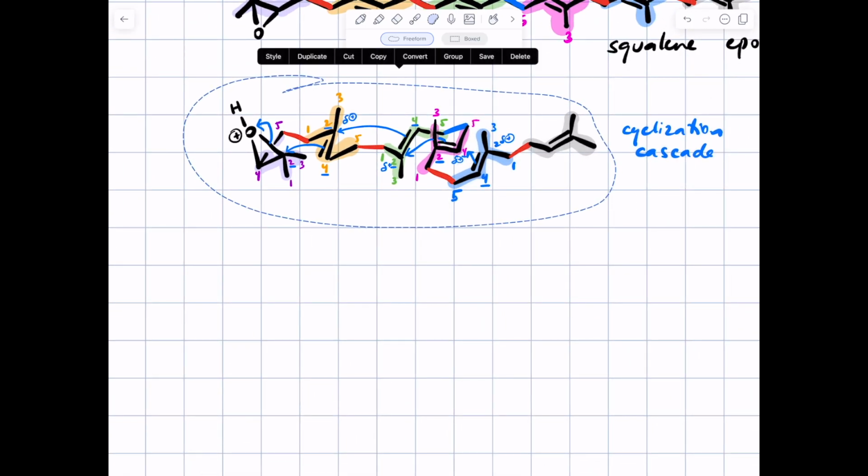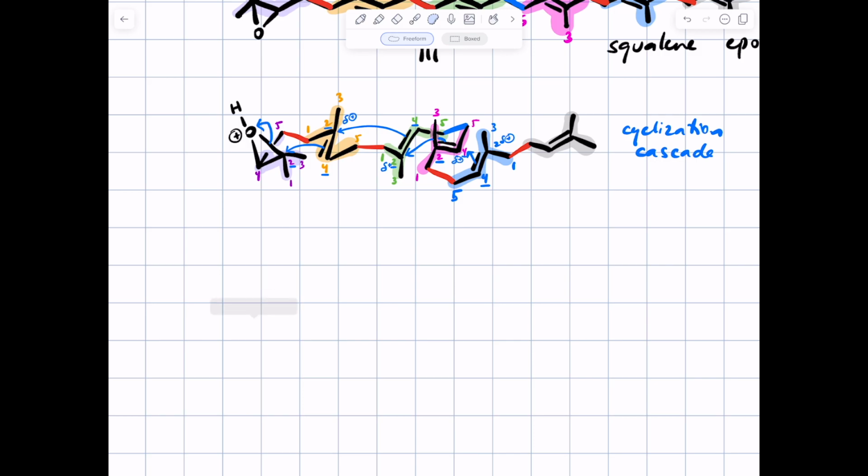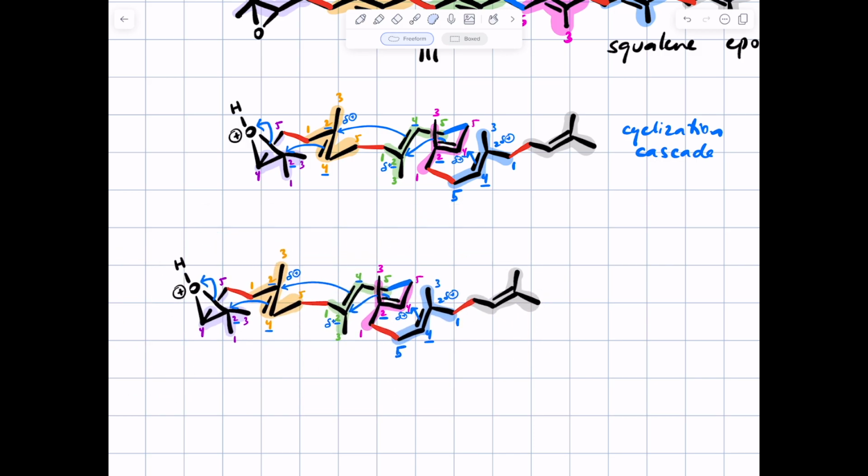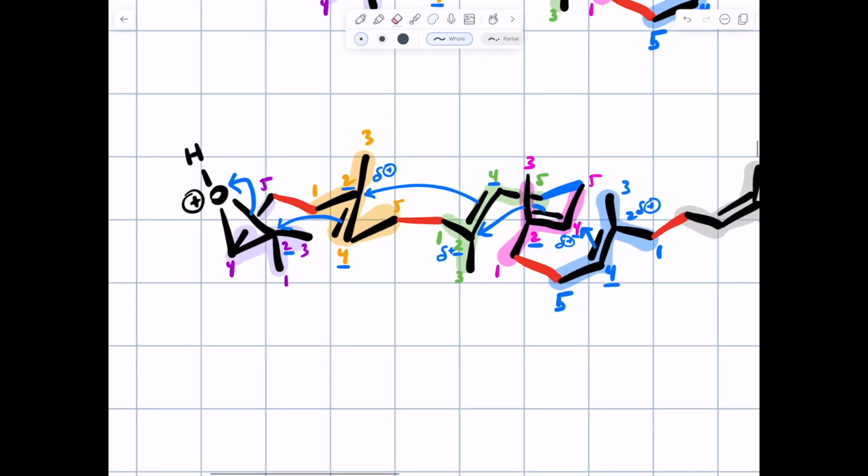I'm going to show you where the new bonds end up. And as we do, we're going to draw this molecule from a different perspective. So we break the bond between the carbon 2 and the epoxide.